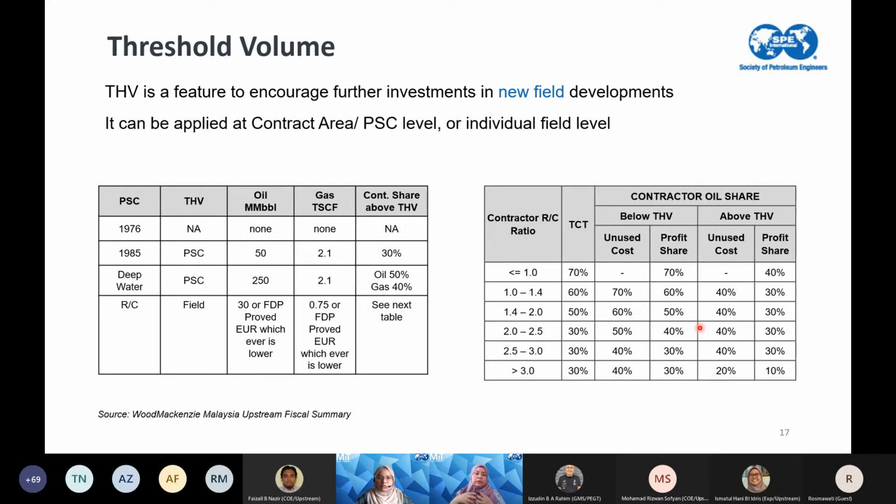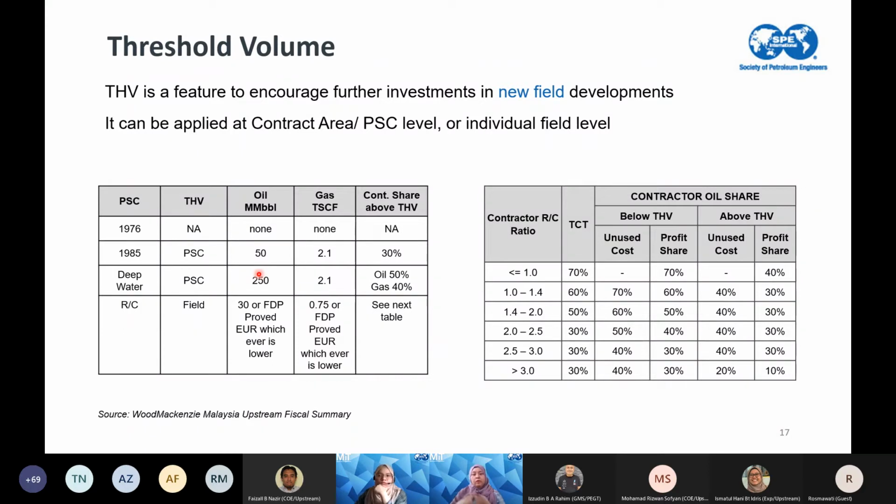In the old days, talking about 85 PSC or deep water PSC, the threshold volume is set at contract level, so the entire contract area. But in the R over C PSC, the threshold volume is on a field by field basis. So if you develop one oil field, your threshold volume is 30 million barrels, or the EUR, whichever is smaller.